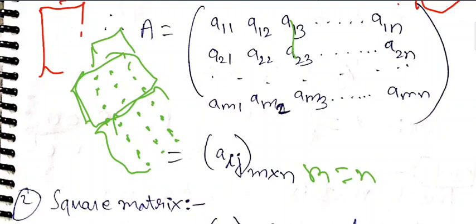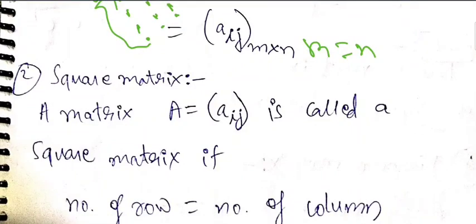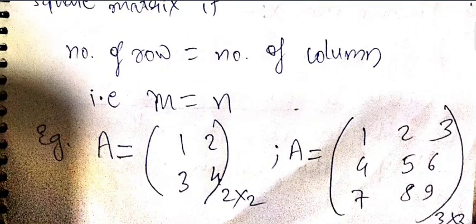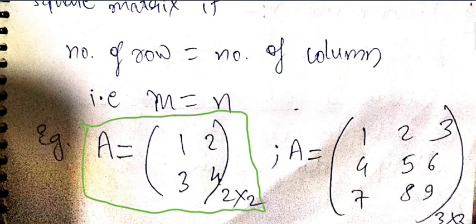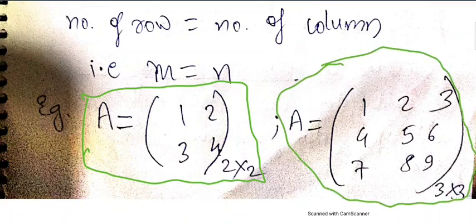So a square matrix: a matrix A equal to Aij is called a square matrix if number of rows equal to number of columns, M equal to N. Now you can clearly see that this is a 2 by 2 square matrix, and this is a 3 by 3 square matrix. The other one which has been written over here is also a 3 by 3 square matrix. So square matrix is defined like that.